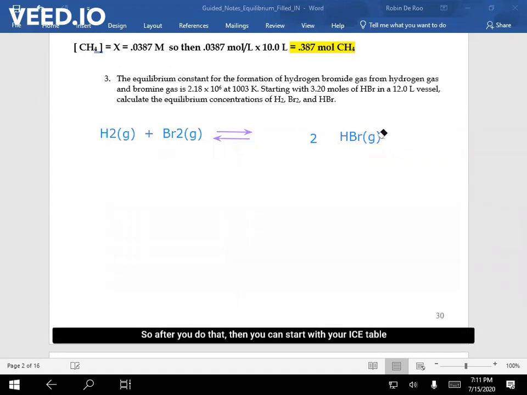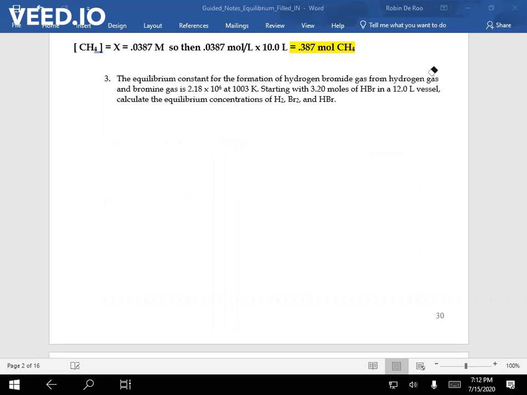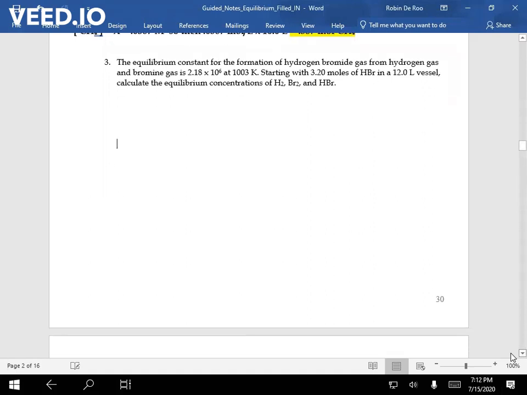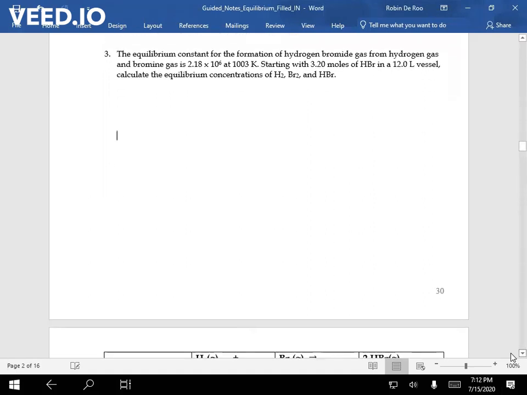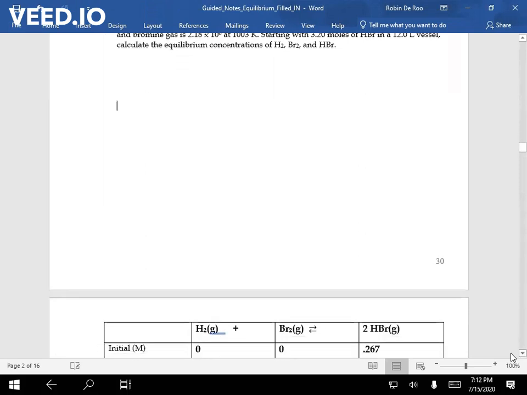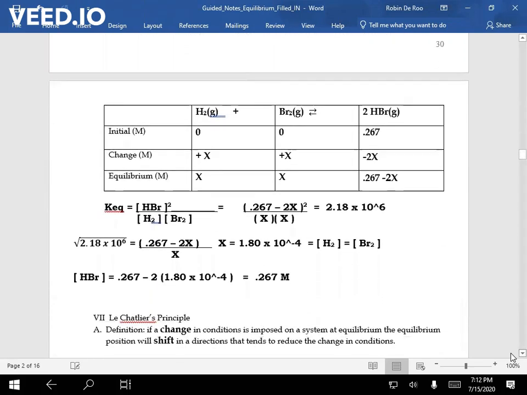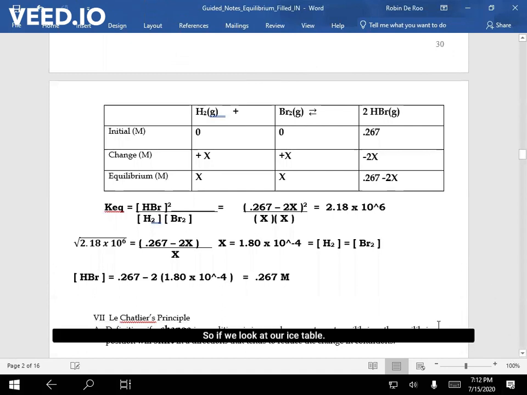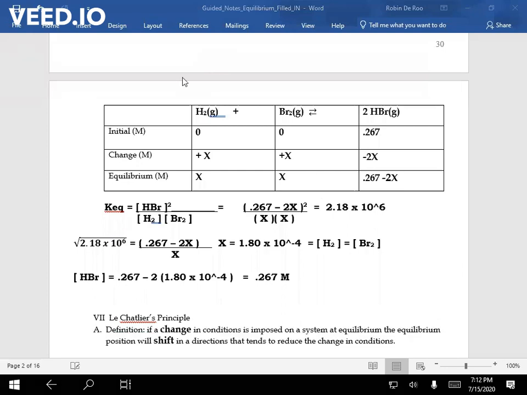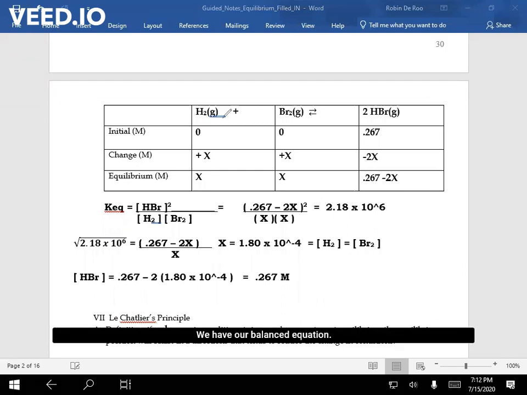So after you do that, then you can start with your ice table underneath it. So if we look at our ice table, we have our balanced equation.